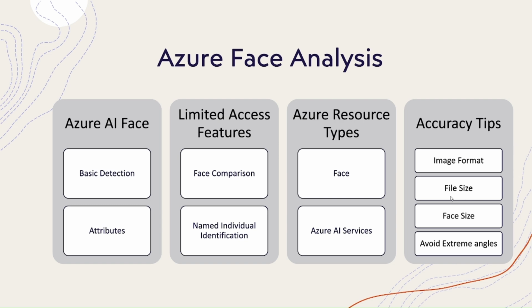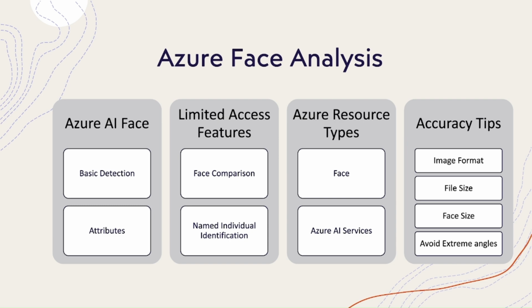The file size should be a maximum of 6 MB, and the face size up to 4096 by 4096 pixels, somewhere around this. Always try to avoid extreme angles or lighting, as they can impair detection while using Azure face analysis. That is a brief overview of Azure face analysis.